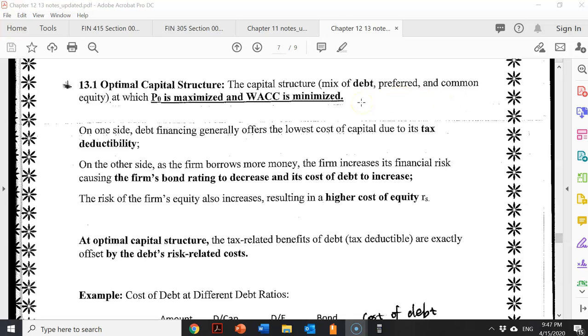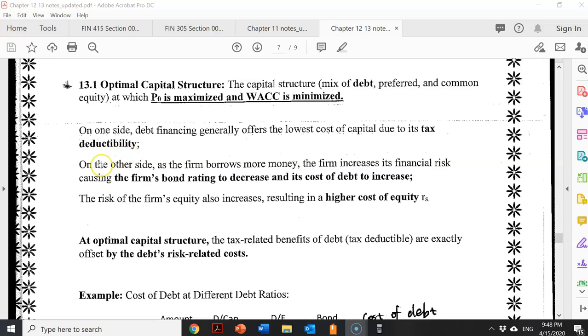When we're deciding capital structure, a very crucial component is debt. A higher proportion of debt has its benefit, but also has its cost. On one side, debt financing generally offers the lowest cost due to its tax deductibility.